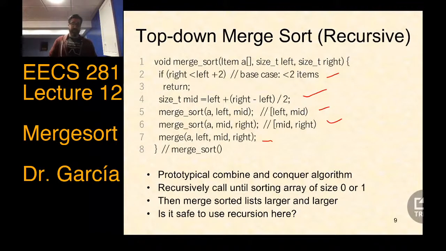Okay. Notice that this merge needs the input array. Okay. It needs where the left section of the array starts, where it ends, which is mid, which is also where the right-hand side would start, and then it would end with the right pointer right here.